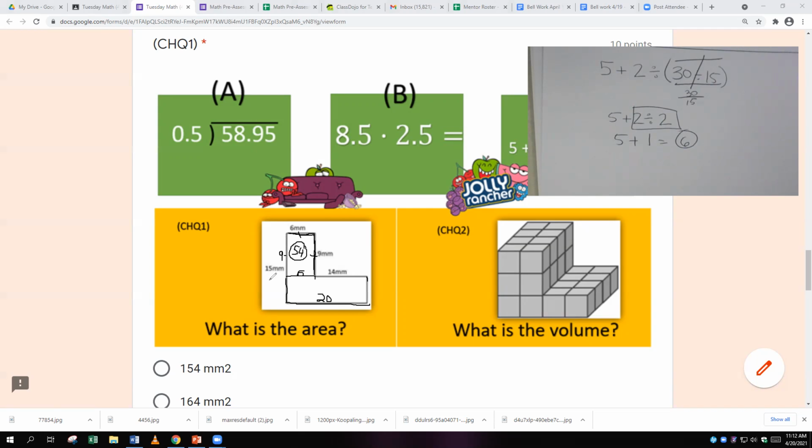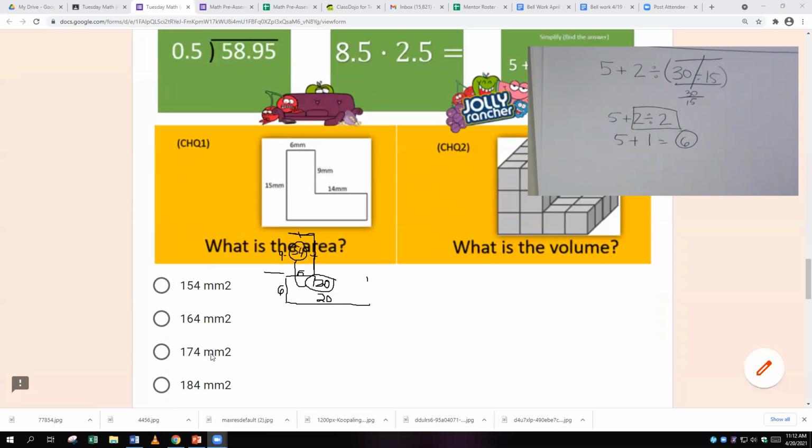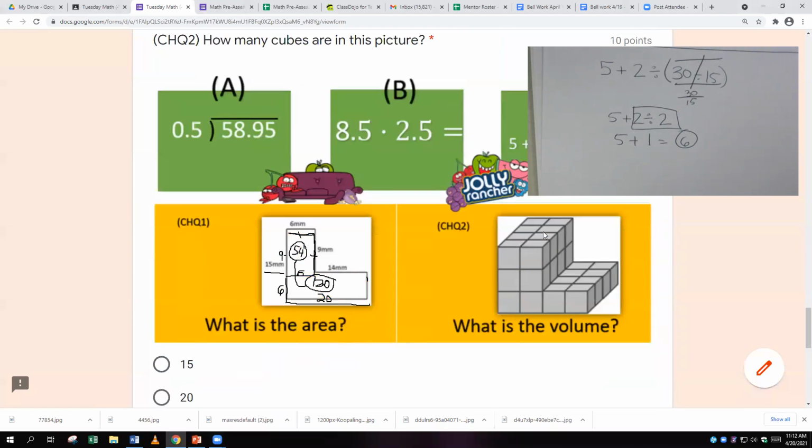And we know the whole thing's 15, so that must mean that this is 6, because 9 plus 6 makes your 15. 6 times 20 is 120. So the area of the bottom is 120. And 120 plus 54 is 174. So 54 plus 20, 74, 174. Boom.